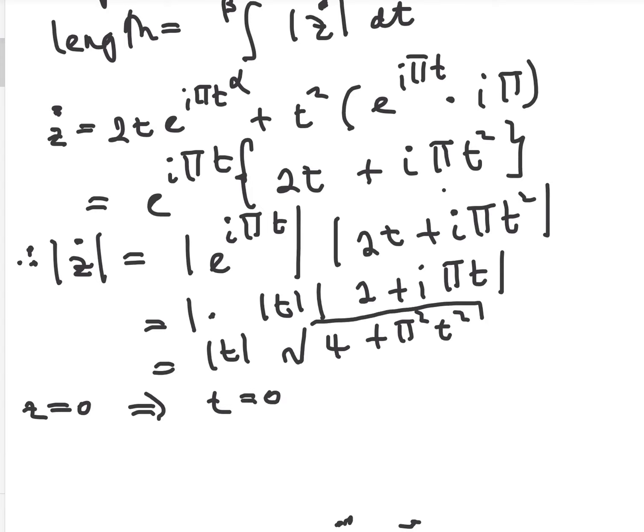Substitute this back into z. And z equal minus 1, if you go back to the function z, this comes from t equal to 1.